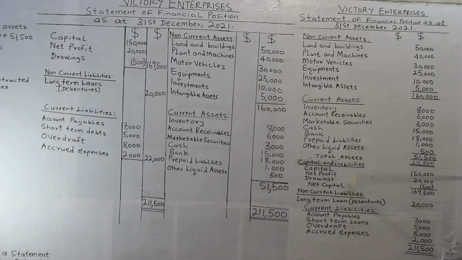So the fact remains that in the balance sheet, the whole asset is shown, giving us the total assets, and the capital and other sources of finance, which are the liabilities area, combined must give the total assets, 211,500 and 211,500.